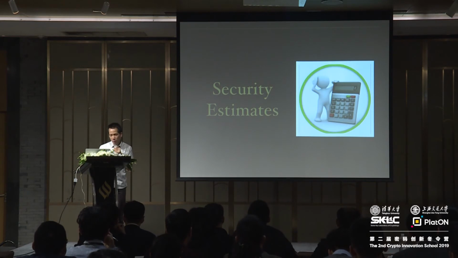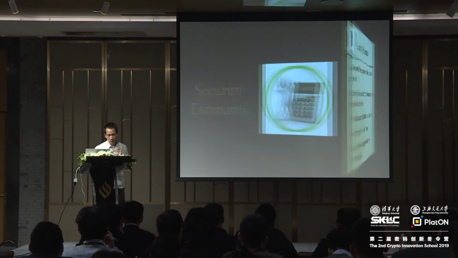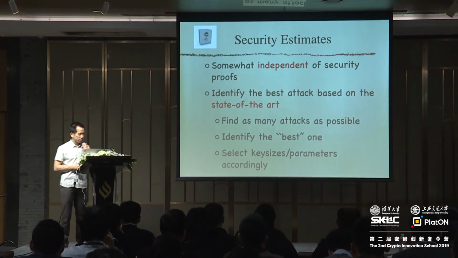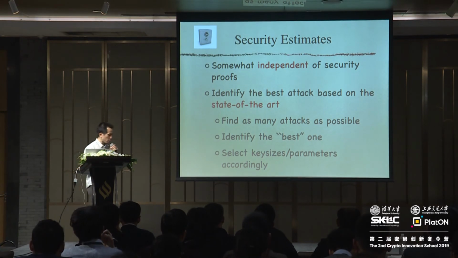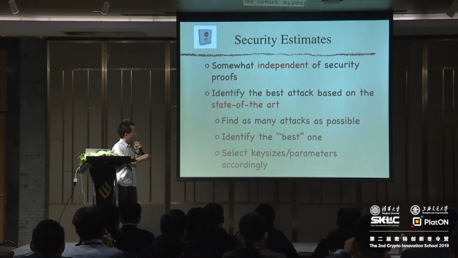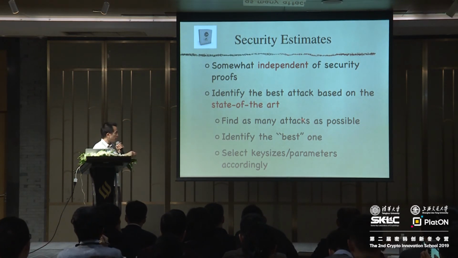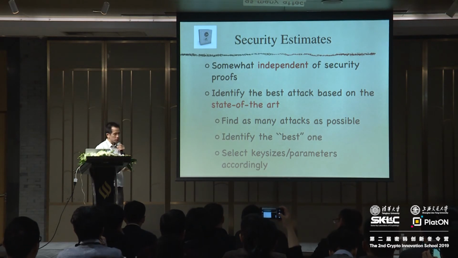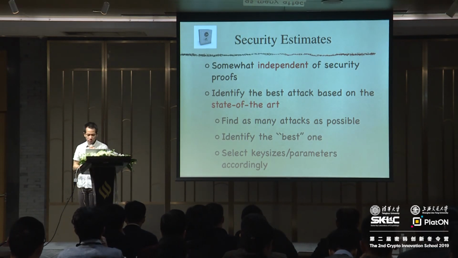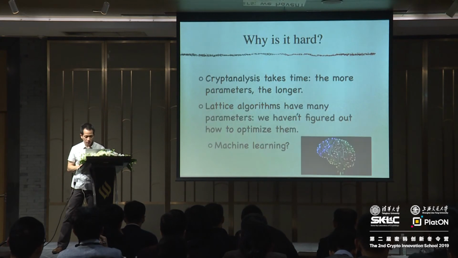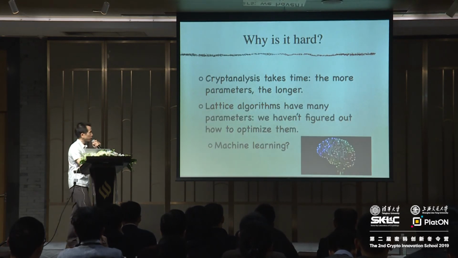So in the final minutes, I want to say what the problems are with these security estimates. What we want to do in practice is select parameters using the best attack. And that you can only do with the state of the art. So you try to find as many attacks as possible and try to identify the most efficient one. Okay. So why is it so difficult? There are many reasons.